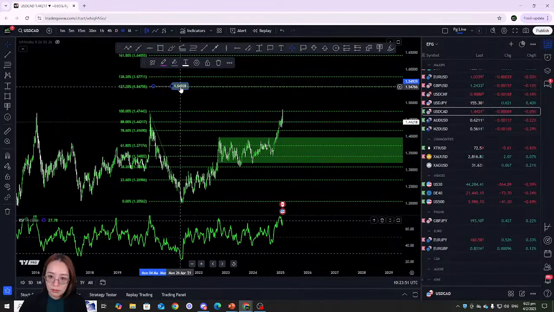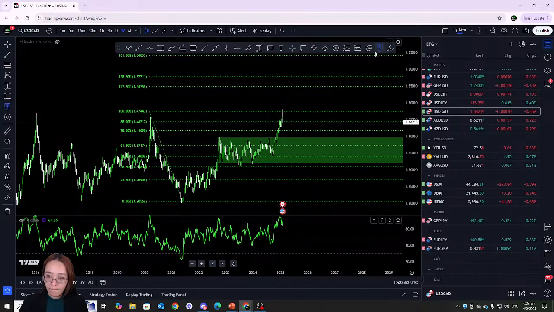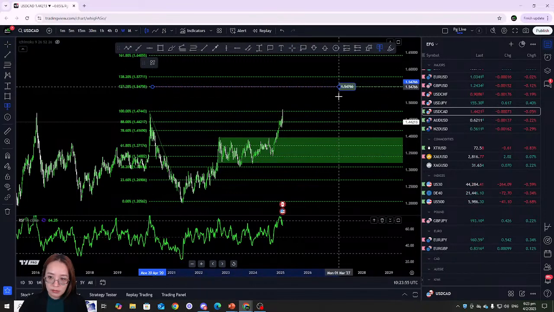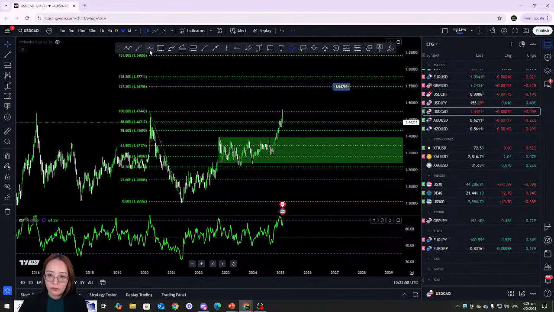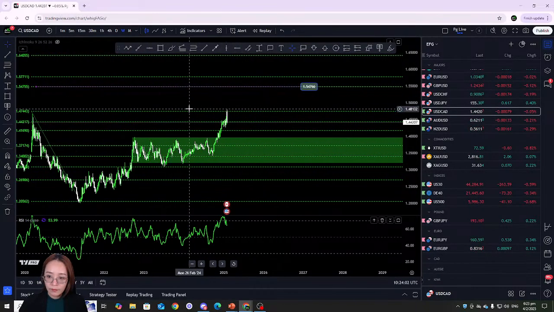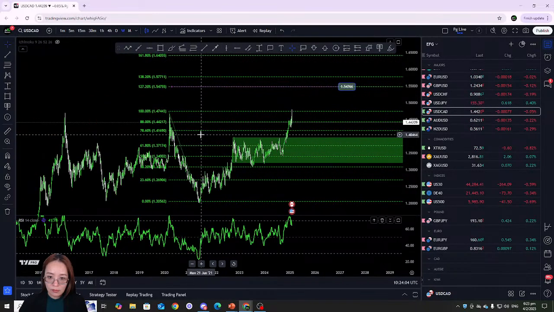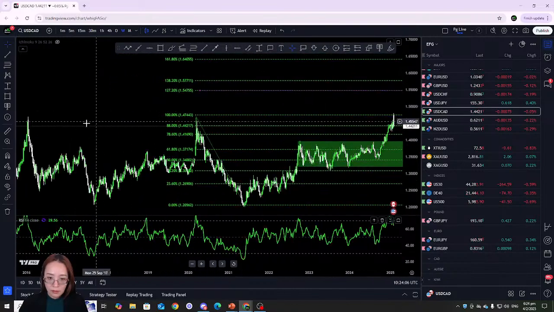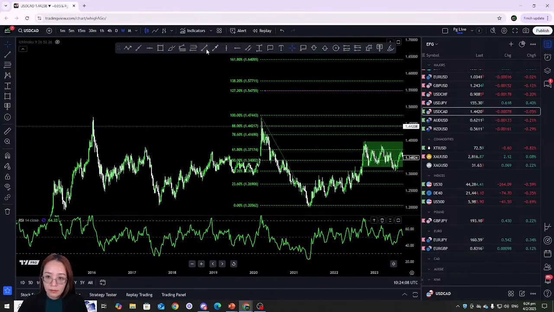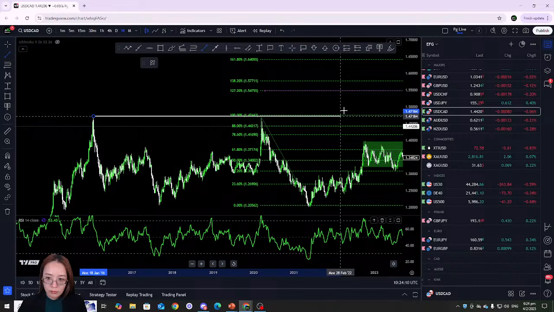No, wait. I will use the extension, which is this number. We could identify this is going to be our resistance level, which is here. But this is the recent high, right?